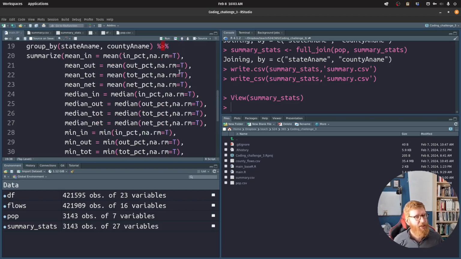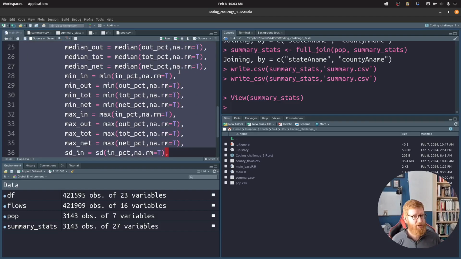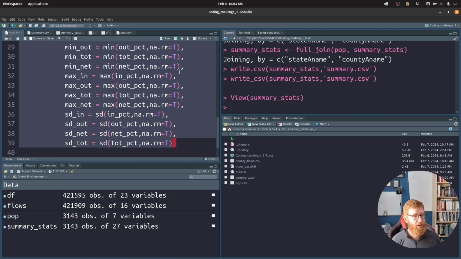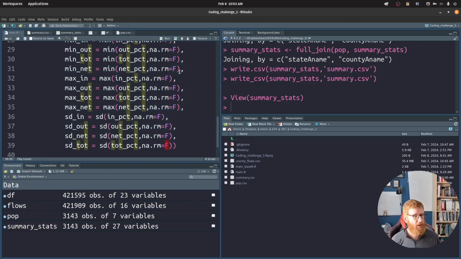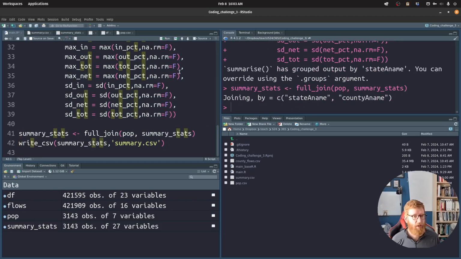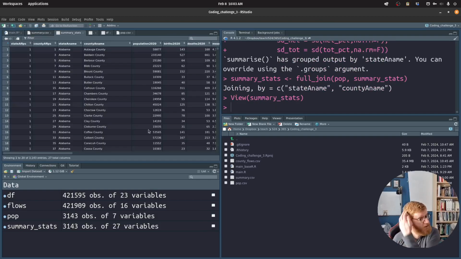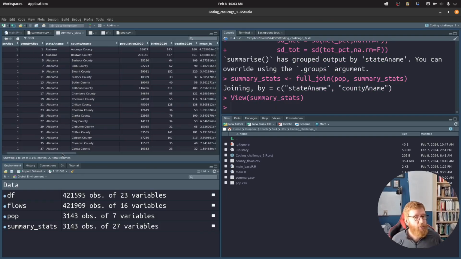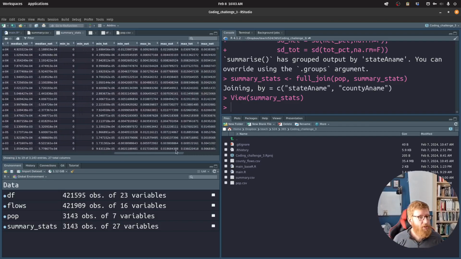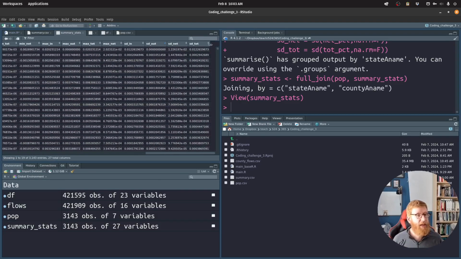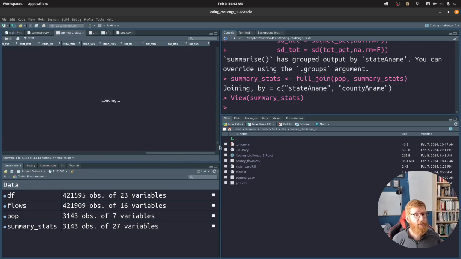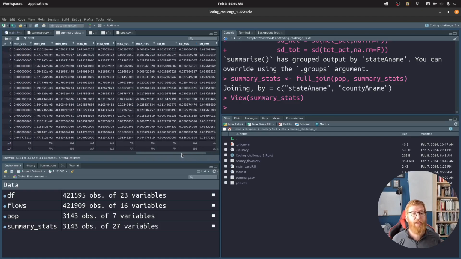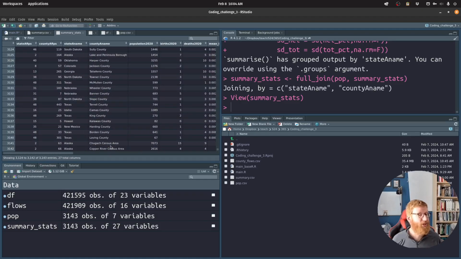Just to show you how that could mess things up, let's go ahead and replace all these T's with F's. And do it again. And let's look at summary stats. And when we scroll over, oh, look, some of these are working nicely. That is reassuring. But we do have some NAs for Chugach and Copper River census area in Alaska.